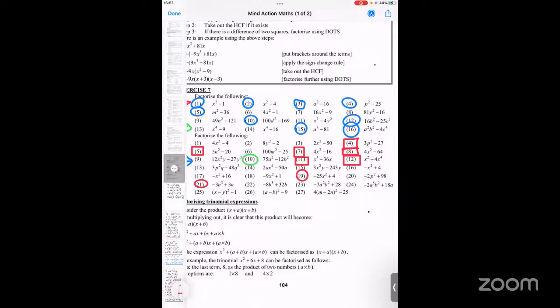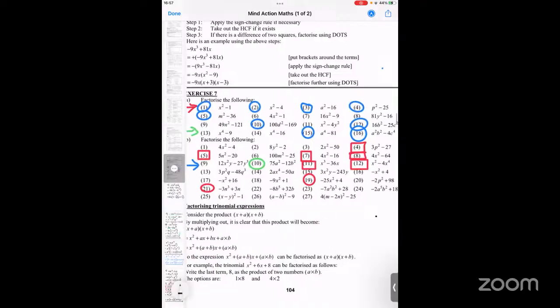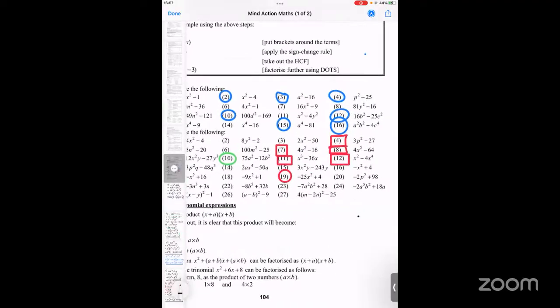We did number 4. Where's number 4? I'm looking for the ones which are not circled. Okay, then it's fine. I will use the flag color to circle the ones that will add towards yesterday's homework. It won't be much.